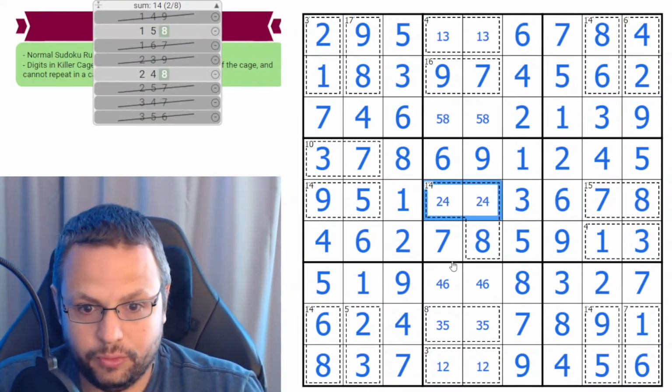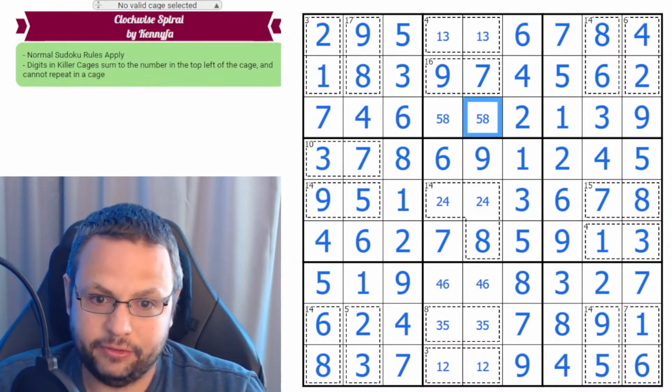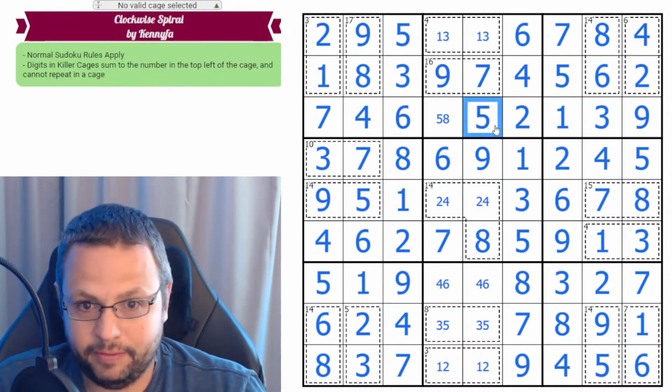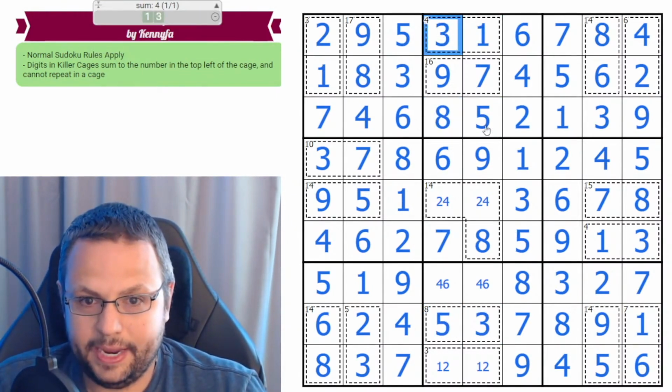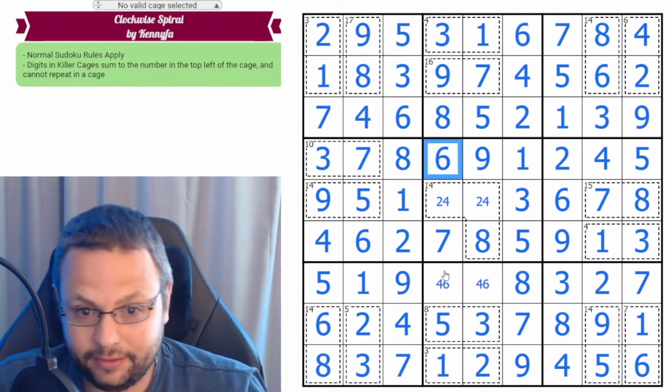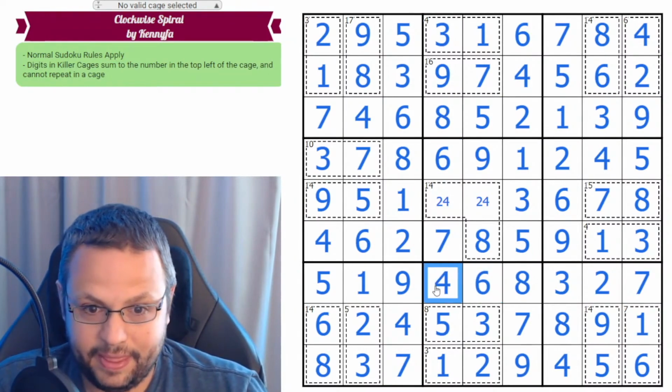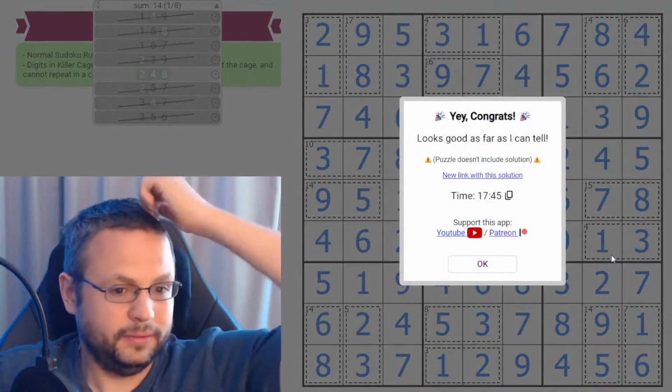These are 2 or 4, and that 8 is going to sort everything out through the mechanism of this column. 3 and 5, 1 and 3, 2 and 1. That 6 does the 4 and the 6, and that 4 does the 2 and the 4.